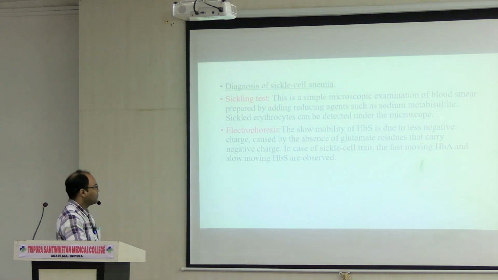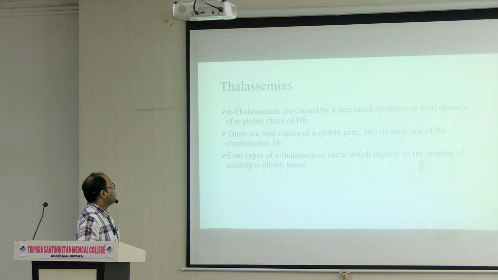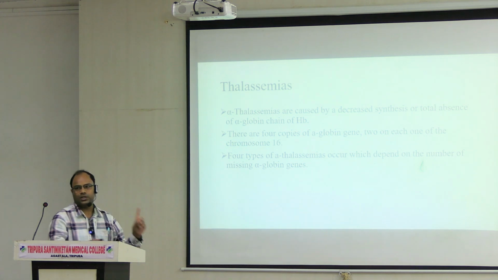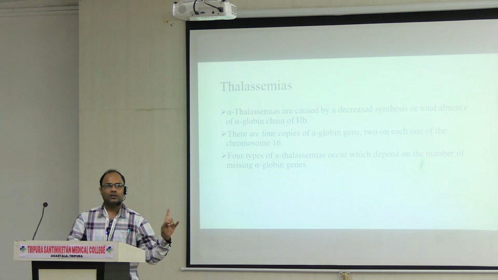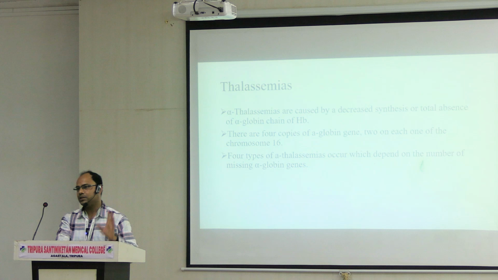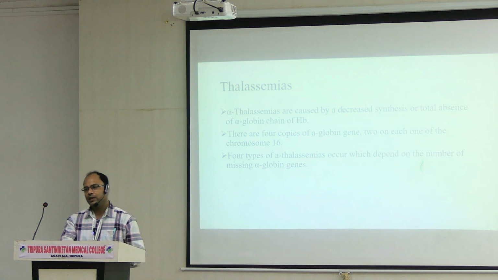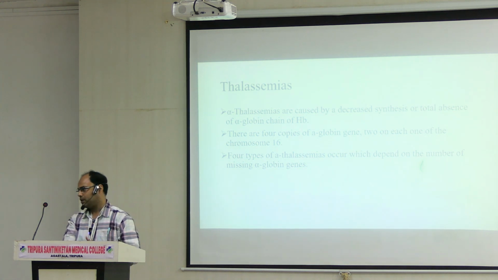Next, thalassemia. Thalassemia, as I told earlier, is the absence of one or more globin chains. According to the chain deficiency, the nomenclature is given. One alpha chain deficiency is alpha thalassemia. Beta chain absent is beta thalassemia.